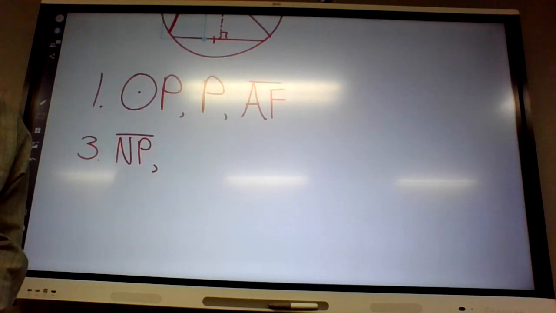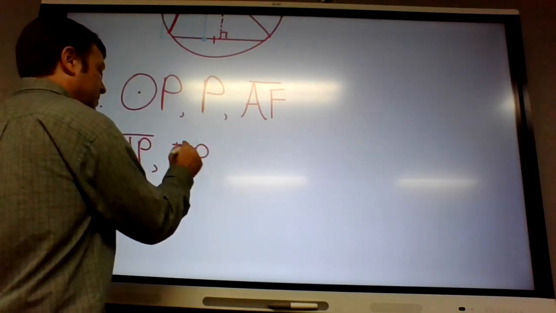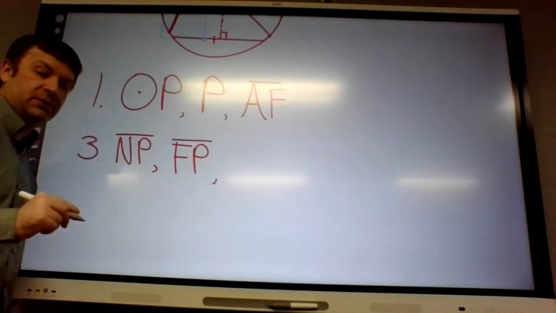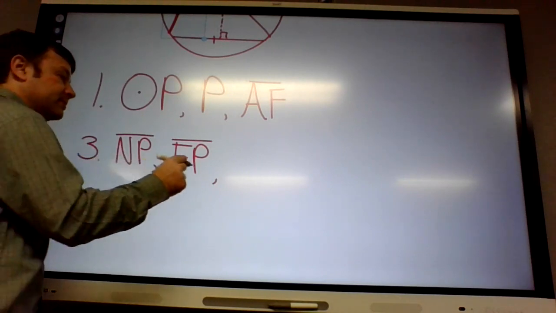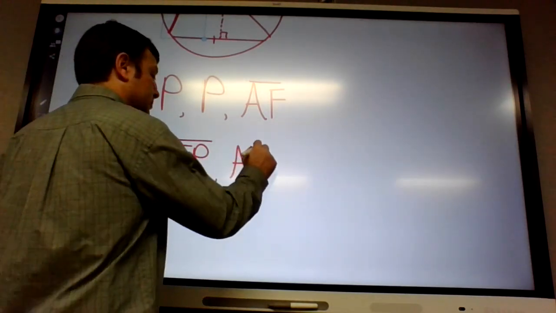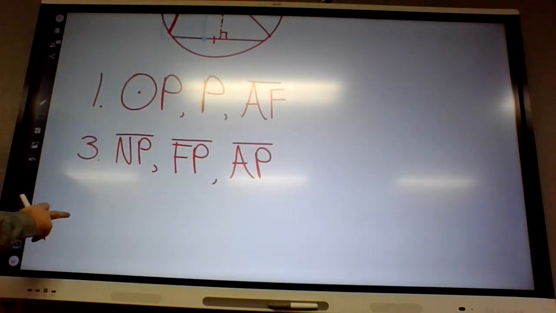So half the diameter, right? FP, and then what's the third one? Sure. AP. So it goes from the center to the edge of the circle.